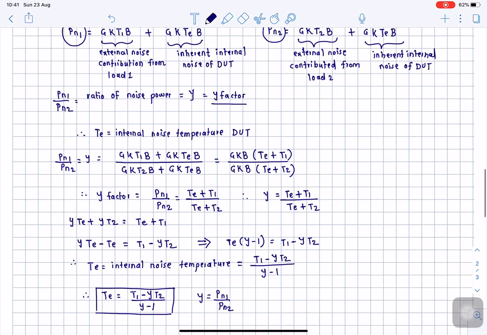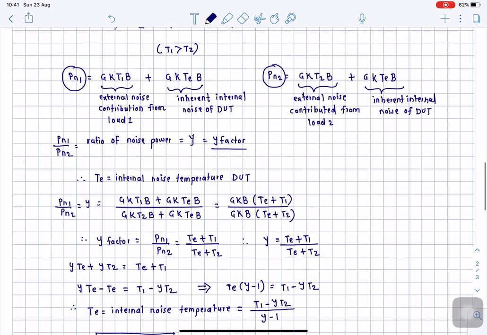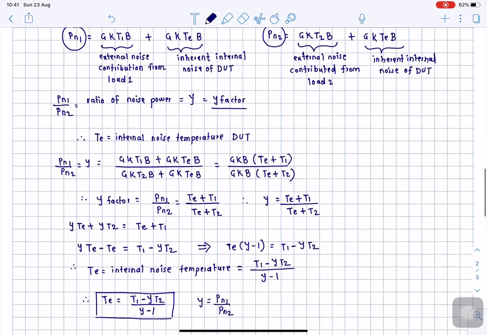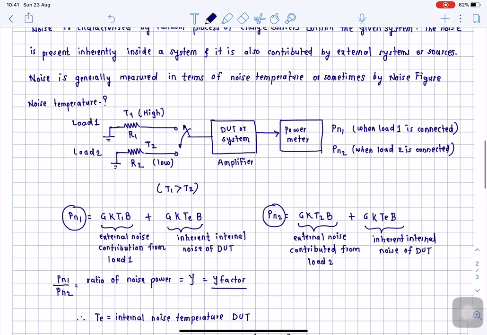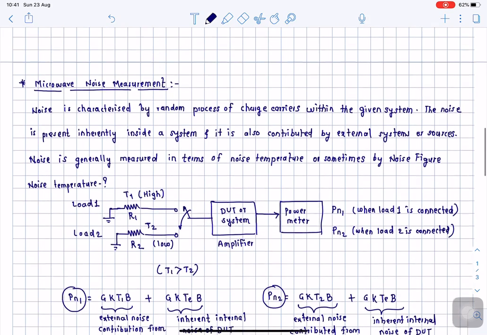I hope you understood how to calculate noise in terms of noise temperature. This method is sometimes also called noise calculation by the Y factor method, the microwave noise measurement.